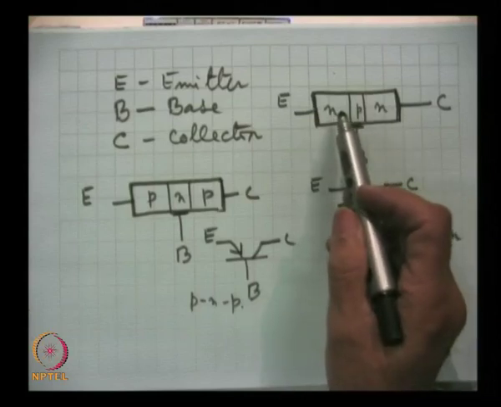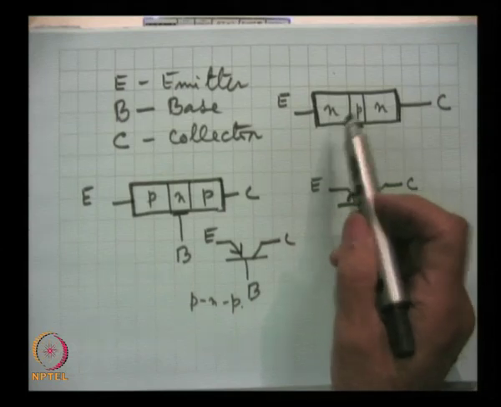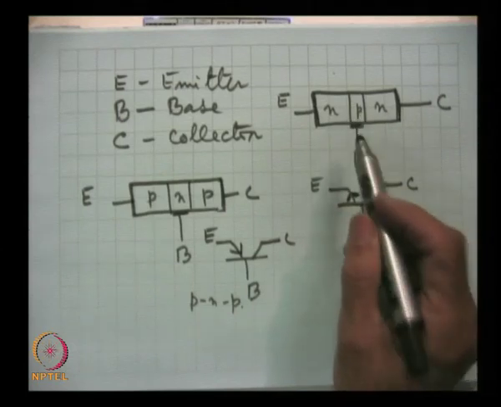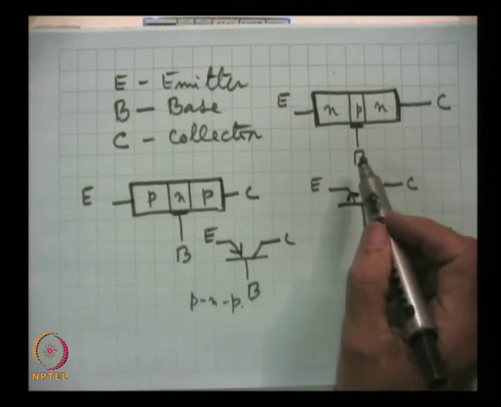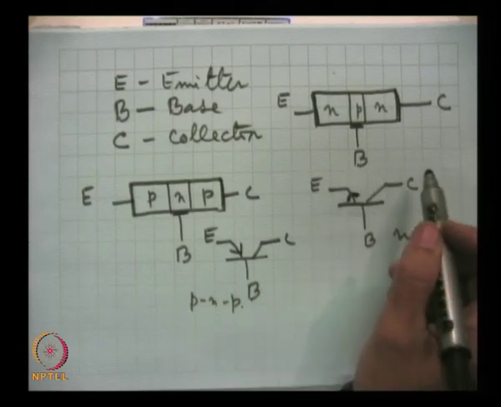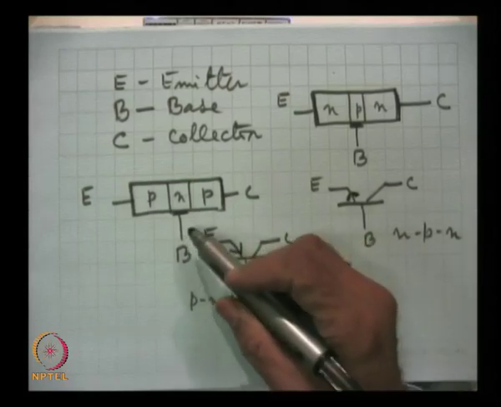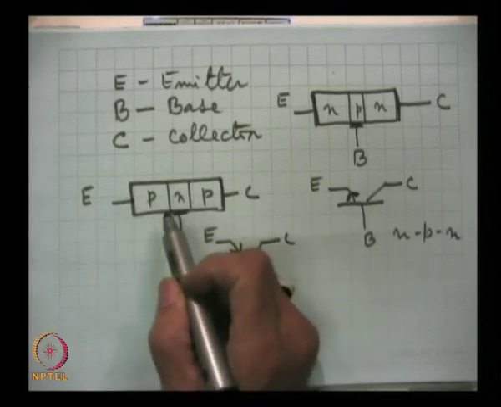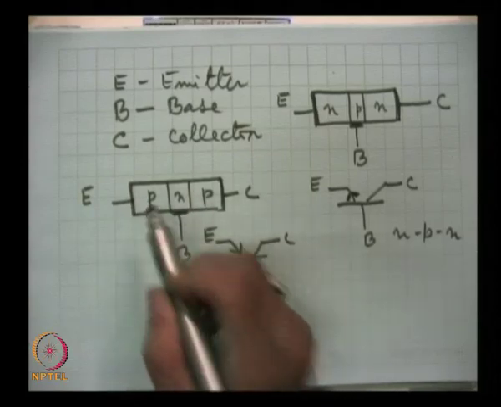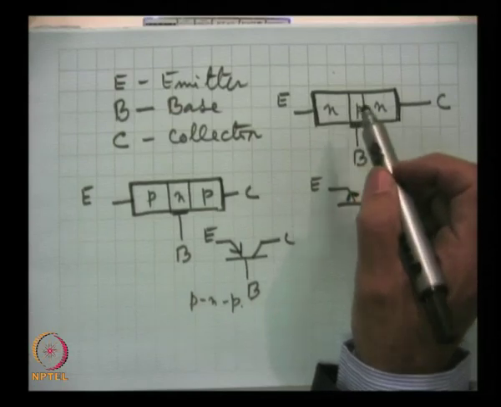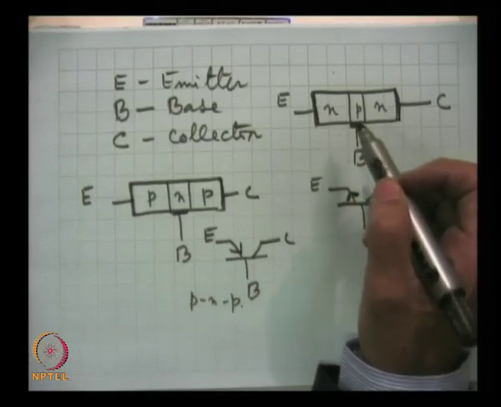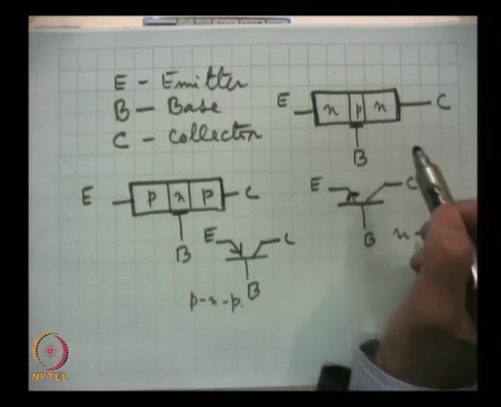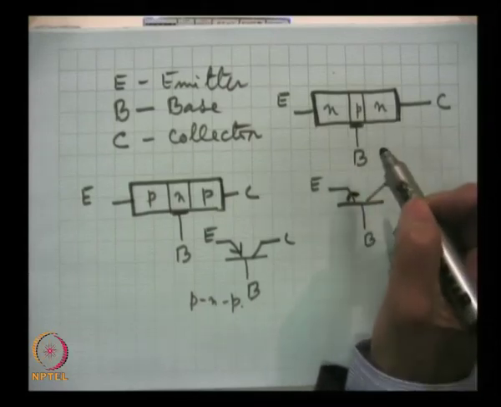Electrons have higher mobility, so the NPN transistor will work up to a higher frequency as compared to PNP transistors. In PNP the major contributions come from holes, while here they are from electrons, electrons being of higher mobility. So, NPN transistors can function up to higher frequency of operation.